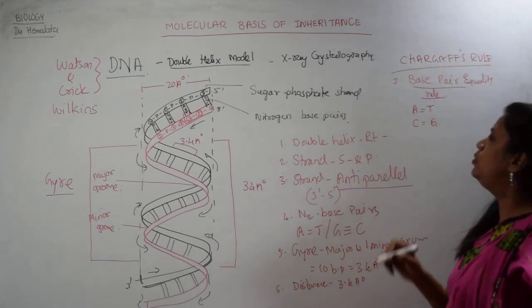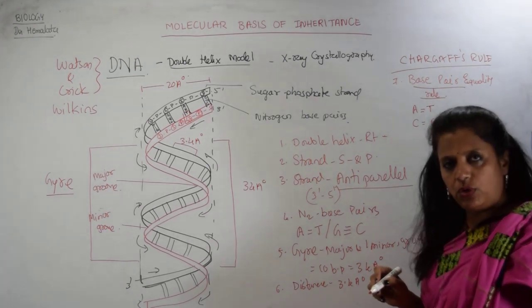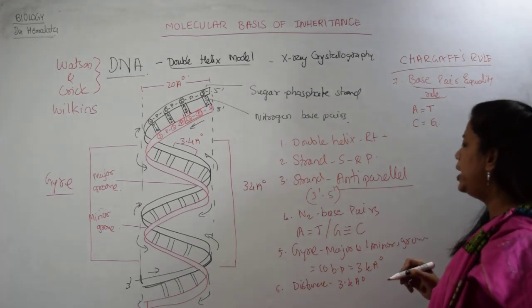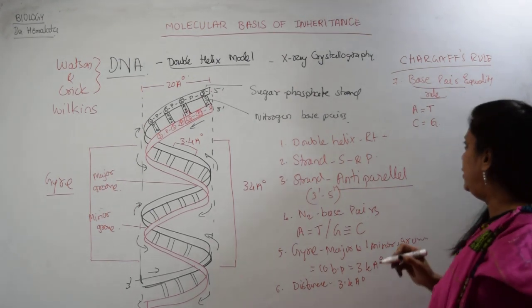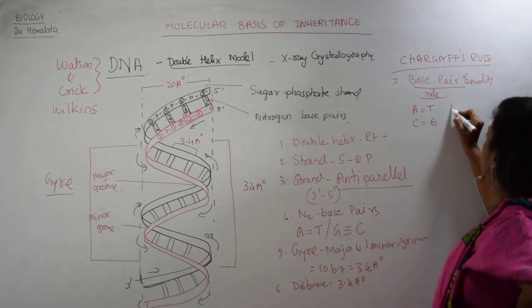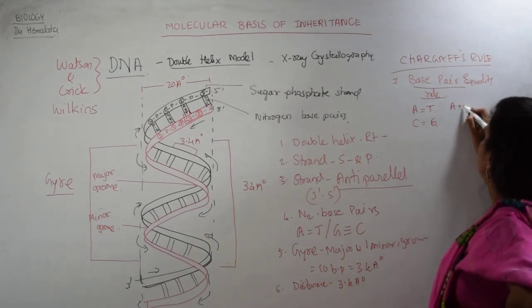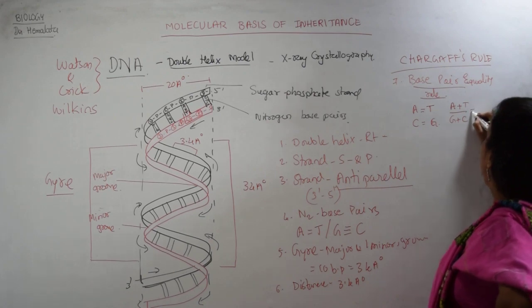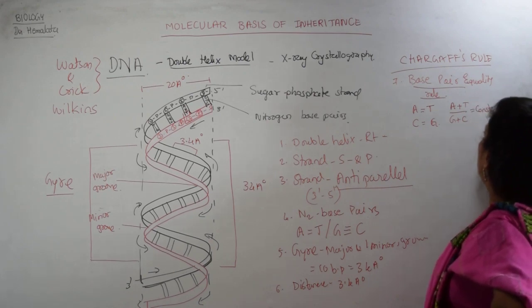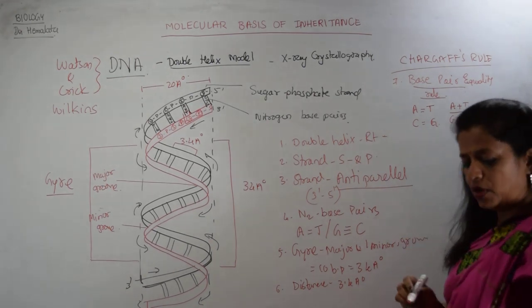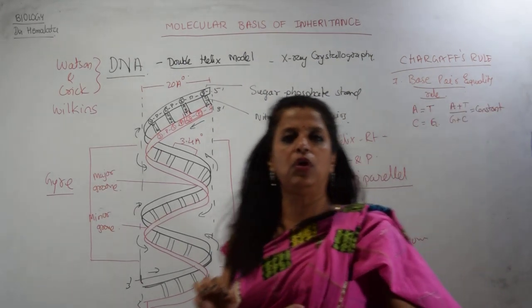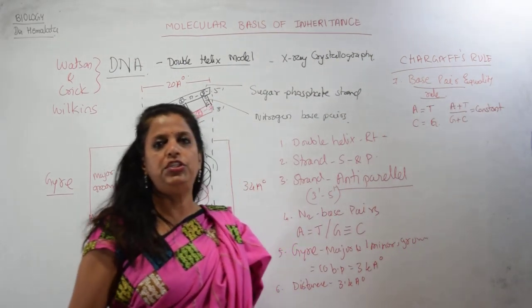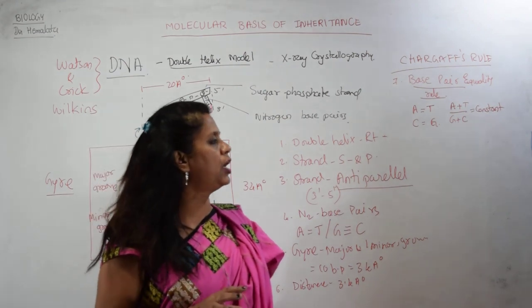Chargaff's rule says amount of adenine must be equal to thymine, amount of cytosine must be equal to guanine. That is, A plus T by G plus C will be a constant for every organism. Every organism has a particular amount of this ATGC content. That is Chargaff's rule.